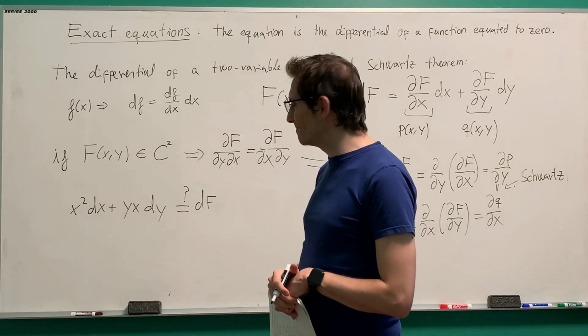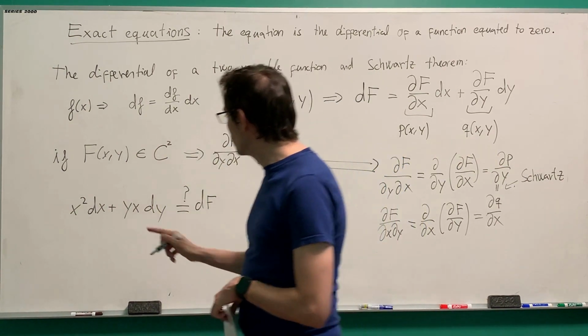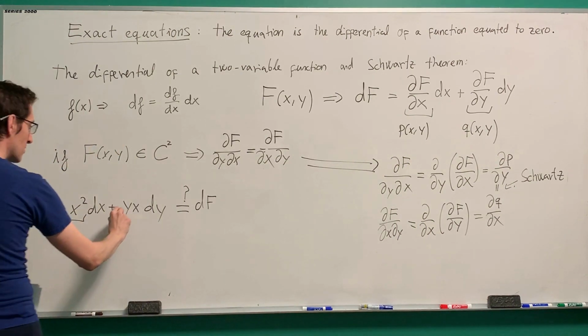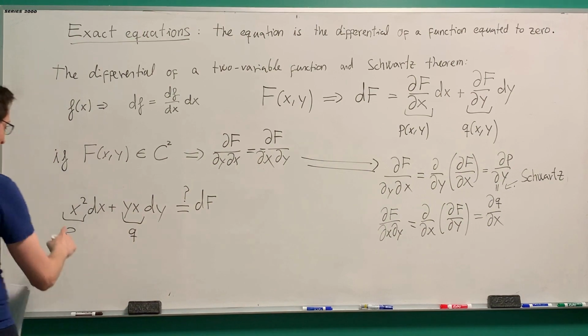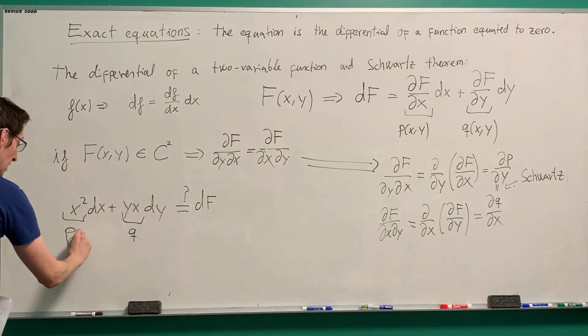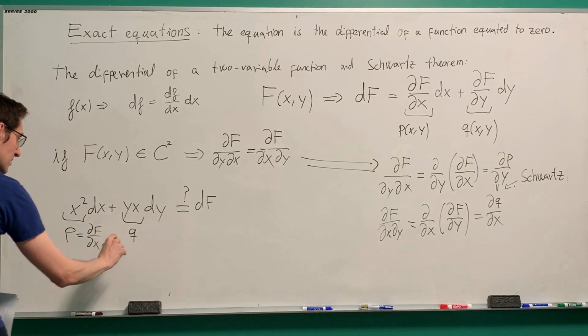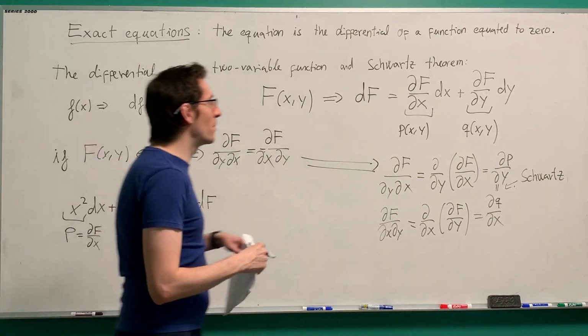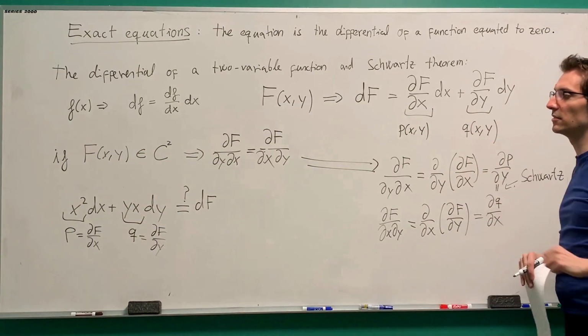Then your answer would be, let's check. So this is what we call P, and this is what we call Q. If this is the differential of a function, then P is the partial derivative of that function with respect to x, and Q is the partial derivative with respect to y, just comparing the form of the differential of the function.